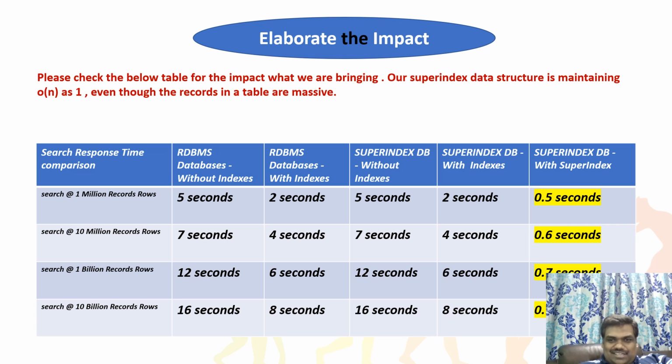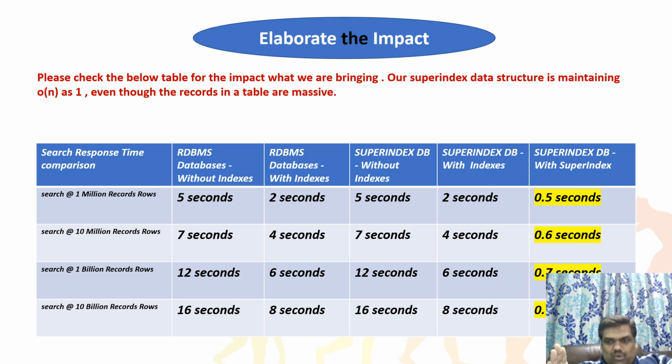If you want to elaborate the response behavior, as I said, O of n is not 1, it's almost 1. It means it's not a big difference. Say 1 million records in this example. The traditional response times you see are 5 seconds, 10 million records in 7 seconds, 1 billion records in 12 seconds, and 10 billion records in 16 seconds.